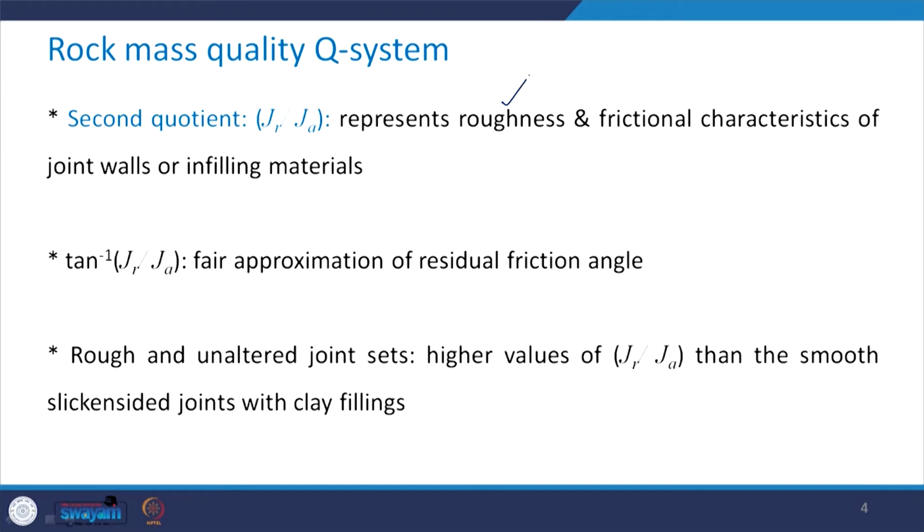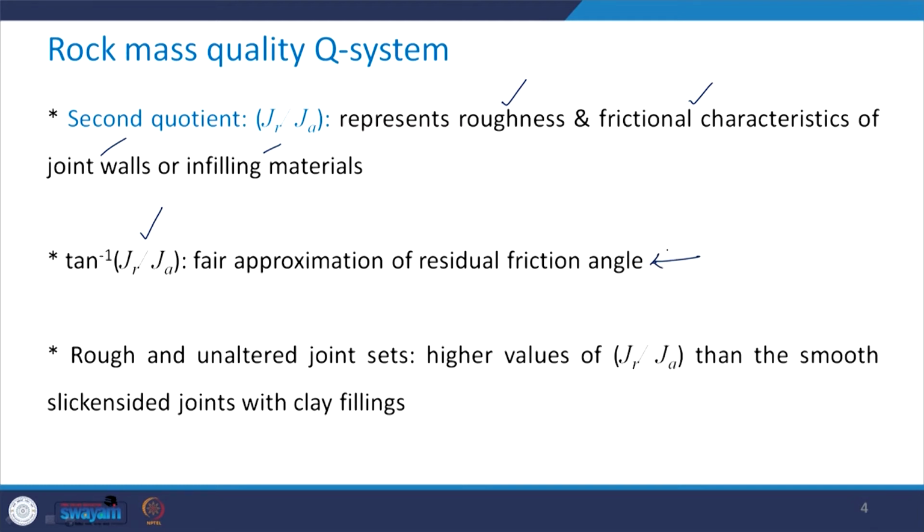The second quotient is defined by Jr upon Ja. It represents the roughness and the frictional characteristics of joint walls or infilling material. The inverse tangent of this quotient, that is tan inverse of Jr upon Ja, gives us an idea about the residual frictional angle.